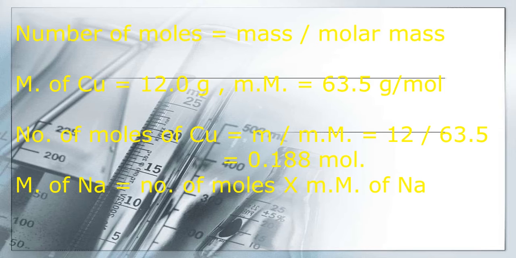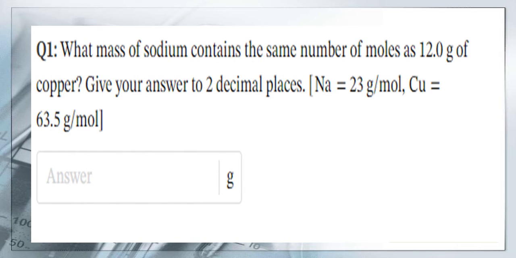So the result will be the number of moles, 0.188, times 23, the molar mass of sodium, which will give 4.35 gram. So the right answer of our question will be 4.35 gram. This is the first question. You must follow the steps to solve this one.